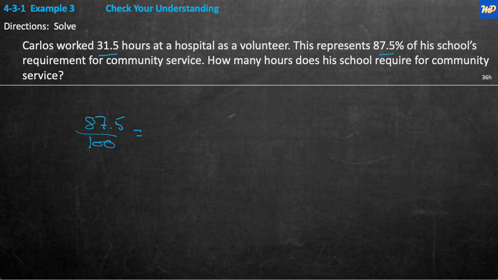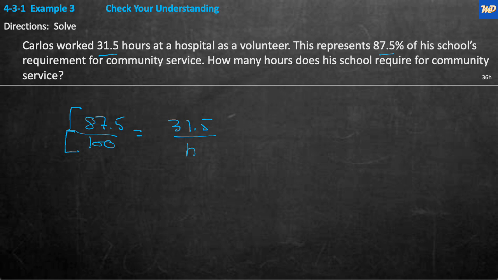This is the fraction, the part, that he's worked. This is the whole amount that he has to work. He has to work 100% of his requirement. He's worked 87 and a half parts of it so far, and that is equal to 31 and a half hours divided by how many hours? I'm going to say H for hours. How many hours does he need to work? This is the whole part.